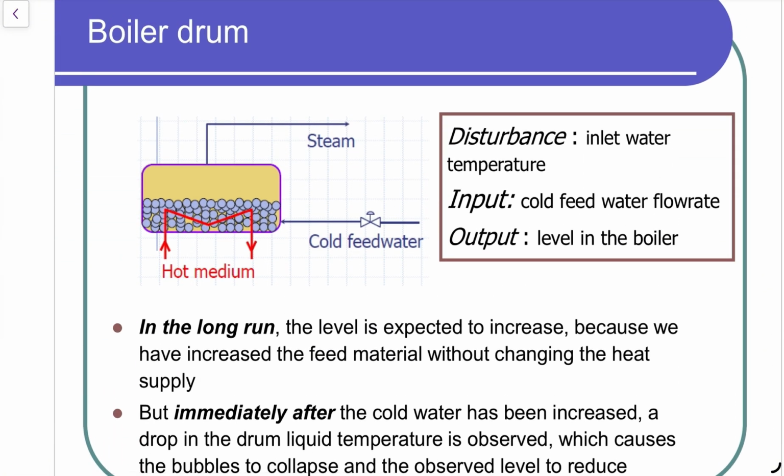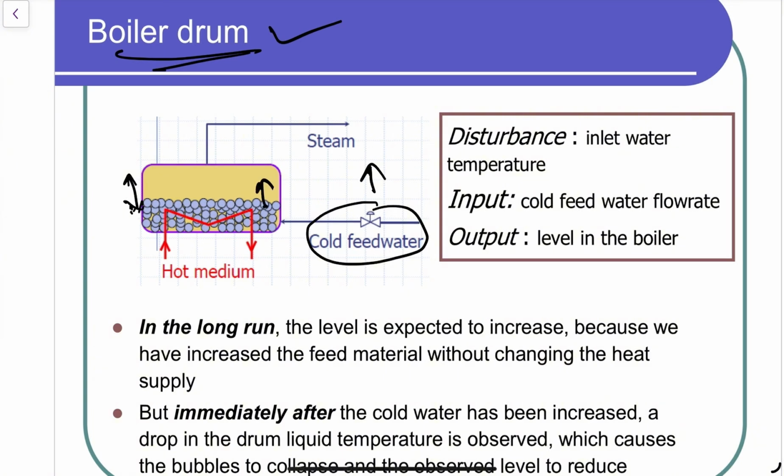Okay. So the first example is a boiler drum. Here the input is the cold feed water flow rate and the output is the boiler level. If you increase the feed water, finally the level should increase because more water enters the drum, right? But immediately the cold water reduces the drum temperature, so the steam bubbles collapse and the measured level drops first.